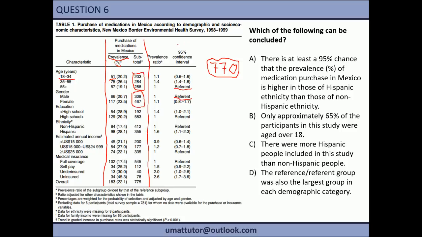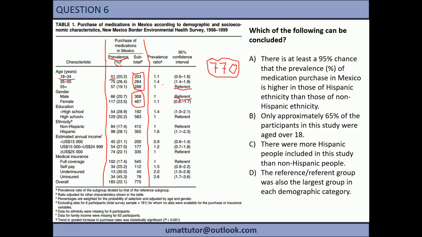Now, the confidence interval is related to the prevalence ratio, but it is its own concept. It's a separate concept. And to understand what it is and why it's there, I think it's important to understand that while these numbers here in the prevalence ratio column look very definite, they are just estimates, ultimately. So for the people who conducted the study, the numbers they've given here are the best guess they have, but they are still a guess based on the data they have.